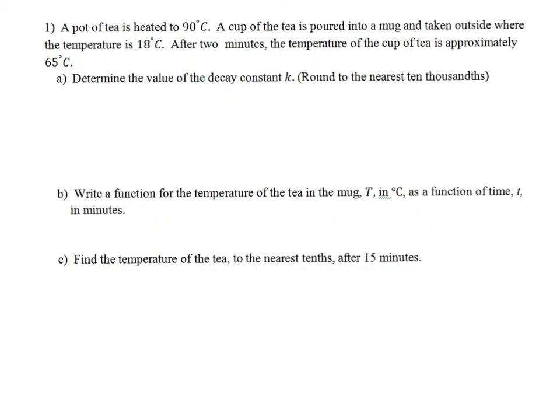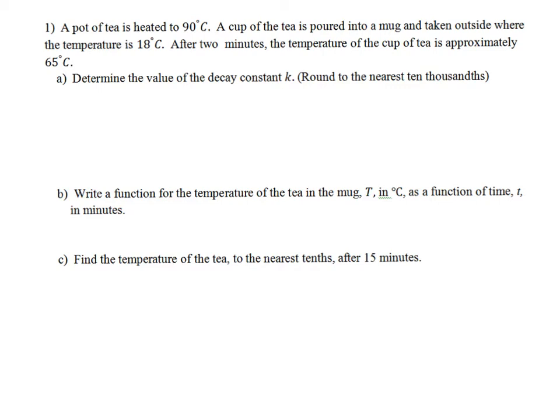So for our first example today, we're going to talk about a pot of tea that is heated to 90 degrees Celsius. Notice that this problem is completely done in Celsius. A cup of the tea is poured into a mug, and it's taken outside where the temperature is 18 degrees Celsius. So obviously the tea is warmer than its surroundings.